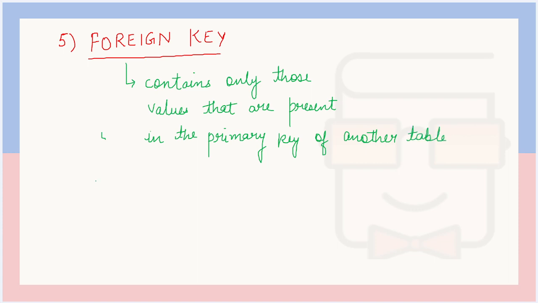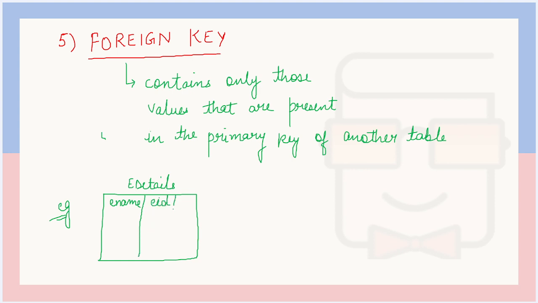Now, we just took an example of the employee table. So if we have an employee database in which we have details of employees, right? So this is the employee details relation that is present in the employee database. The first attribute present in the employee details is employee name. The second attribute is employee ID.